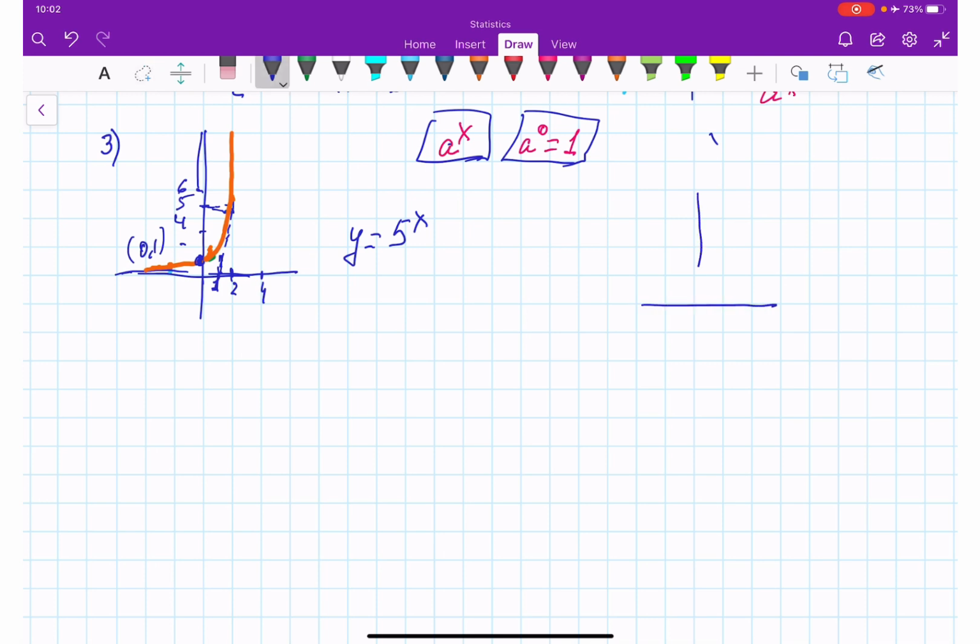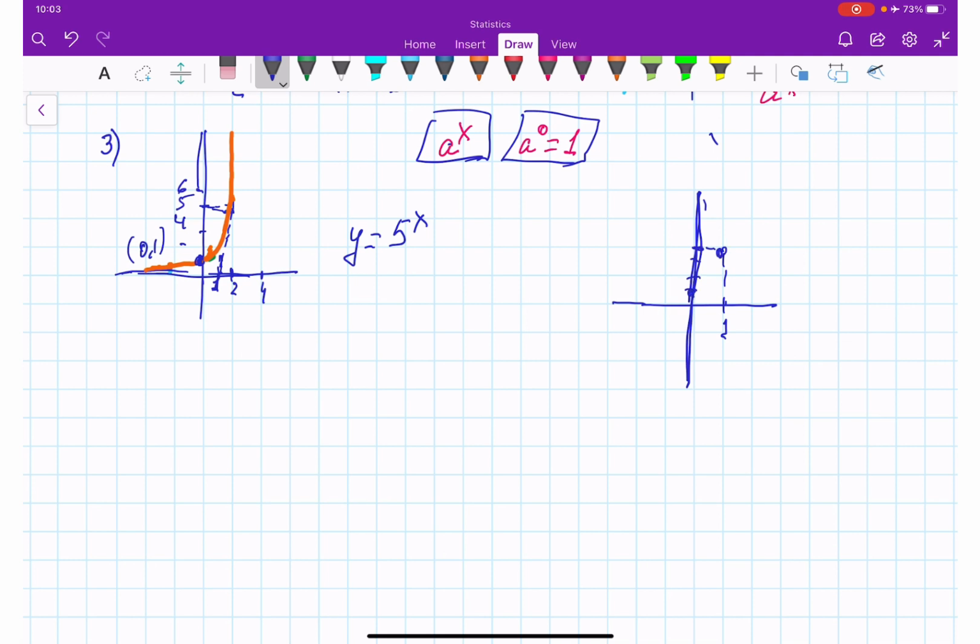So if I have this type of graph, let's say this is, gee, looks horrible. Let's say here is 4, here is 1, and 4, 3, 2, 1.